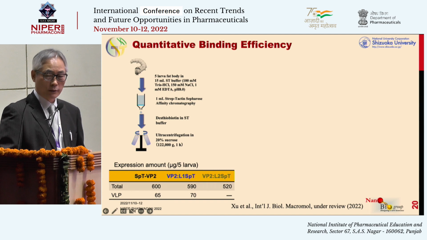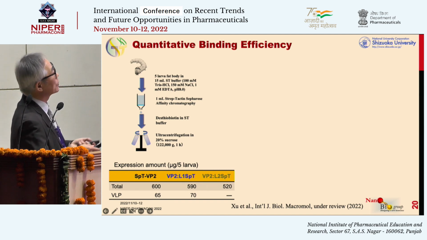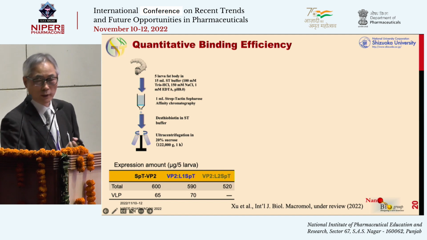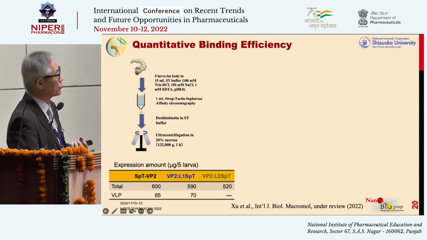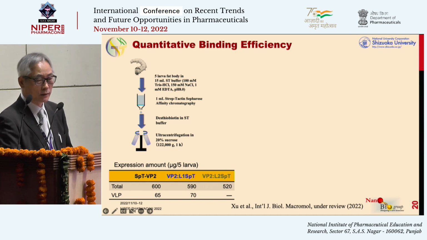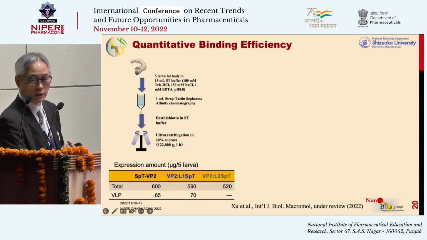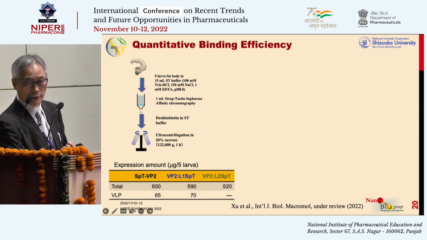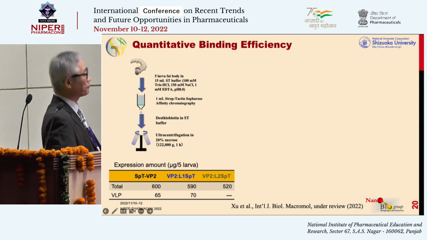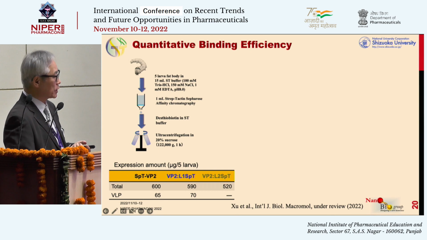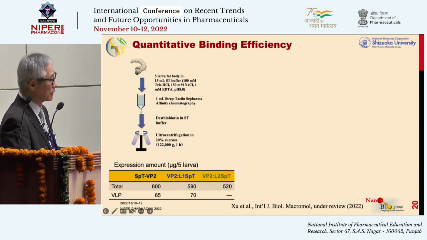Quantitative analysis: really, how much? We expressed protein from 5 silkworm larvae and purified using affinity chromatography. After that we separated VLP from protein using ultracentrifugation with a 20% sucrose gradient system. The result is that we can get almost 600 microgram total protein.